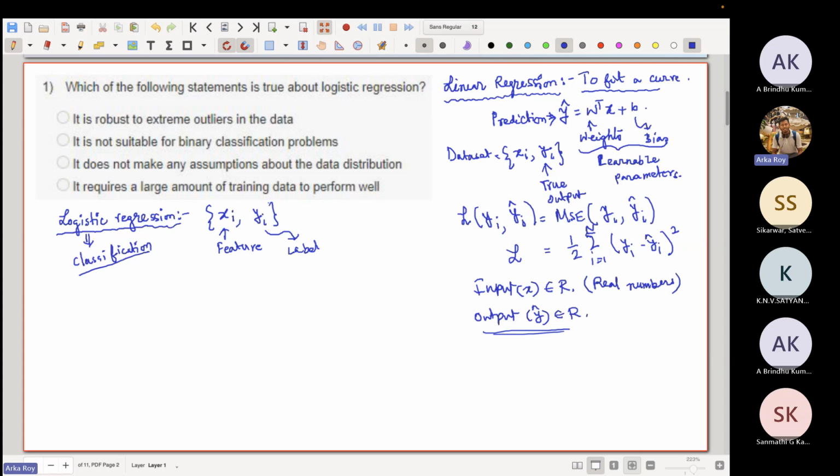Now, what about this particular output? What is this yi? This is a label. So that means this contains only discrete class labels. That means whether it is class number 1 or class number 2. For example, in the week's lecture, Professor MKB has used the example of whether a person is having type 2 diabetes or not.